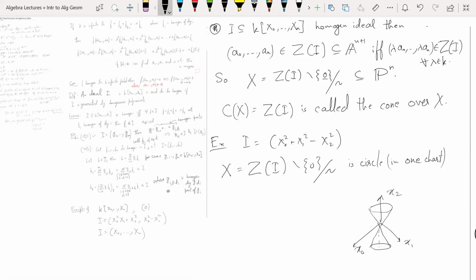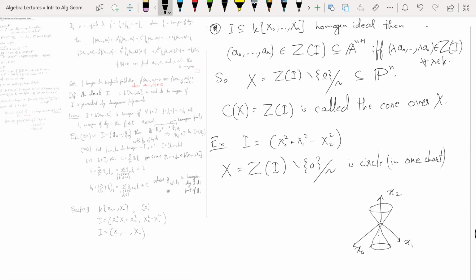Okay, so if X contains one point in A^(n+1), it will contain the whole line joining the origin and that point. So you declare X to be Z(I) minus the origin. It looks like a sort of cone.